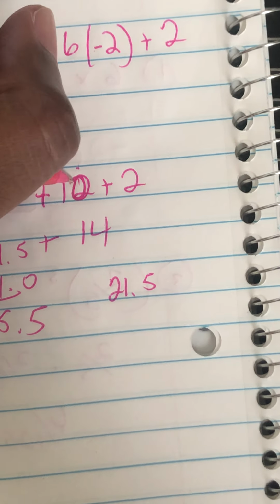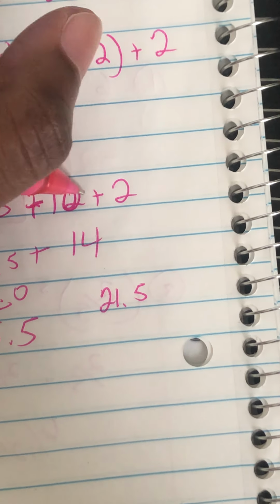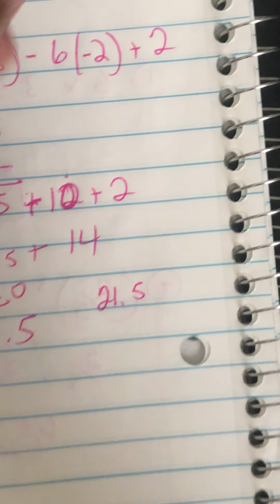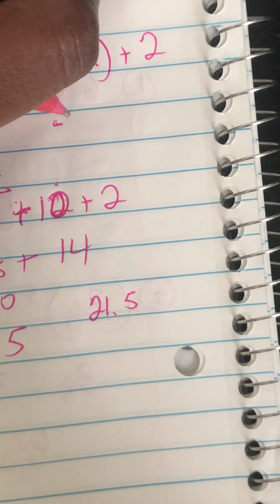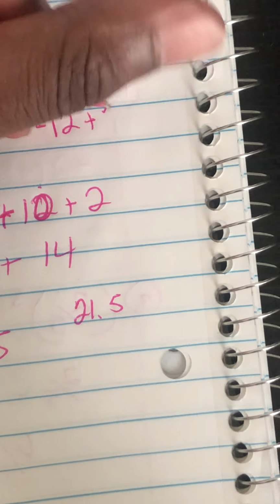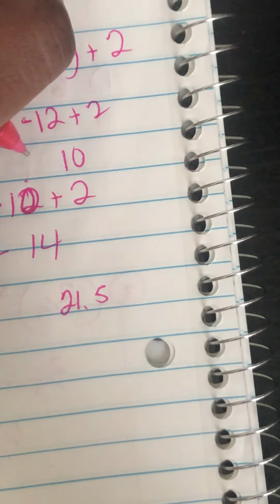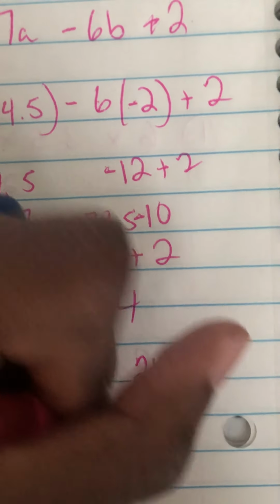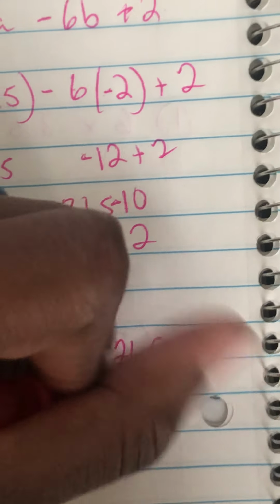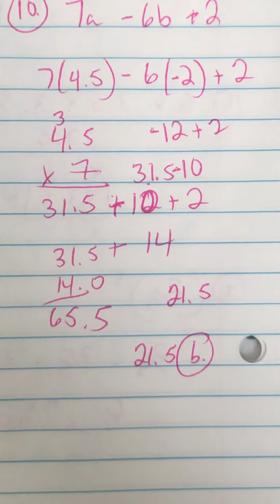I'm sorry, this should be 6 minus 12, that's -12 plus 2, which is -10. And then 31.5 minus 10 gives us 21.5, which is B. Sorry about the confusion on that problem, guys, but we'll get that sorted out.